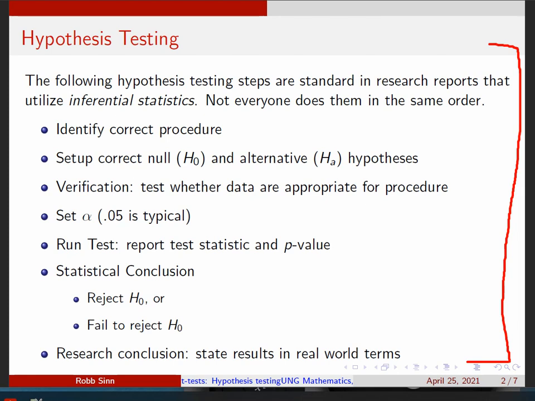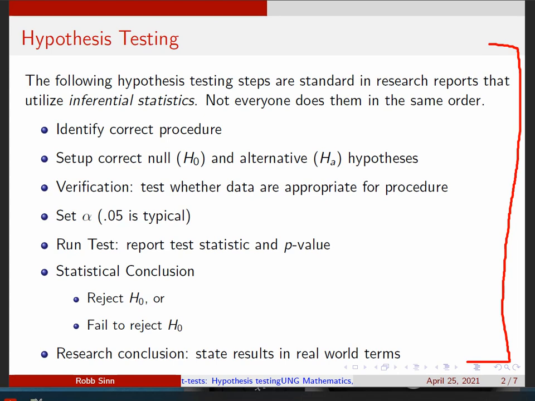So you need to be able to put the data into your graphing calculator and get a t-score, a t-statistic, and a p-value. You need to know based on data whether or not you should reject the null or fail to reject the null. So if they give you some data and an alpha value, you should be able to put that data in your graphing calculator, run the correct test, and see if the p-value is less than alpha.